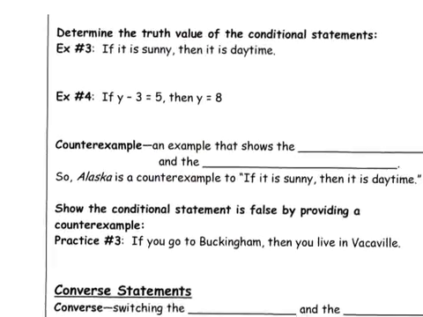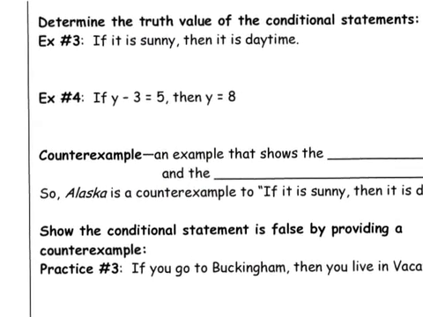So let's talk about the truth value of these statements. The first thing here says, if it is sunny, then it is daytime. Is that always true? Well, it's usually true that if it's sunny, then it's daytime, but it's not always true. There are parts in the world where the sun actually stays up for 24 hours in the middle of the summer. So this is not always true.